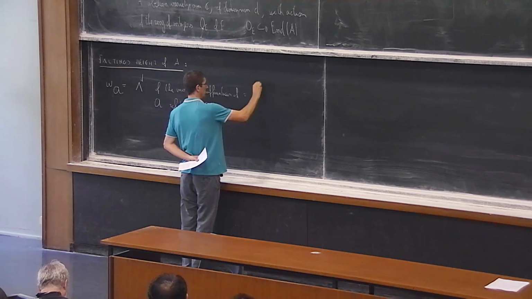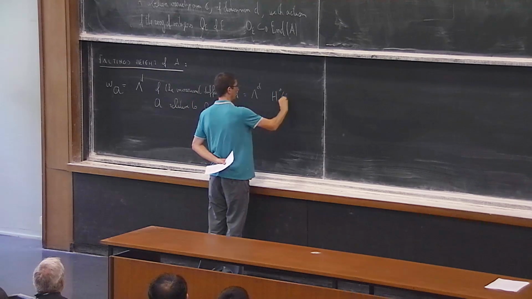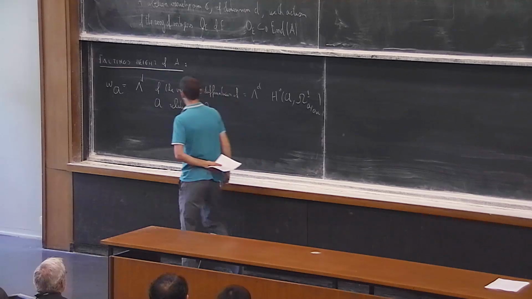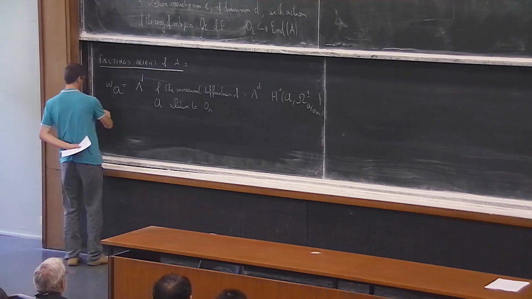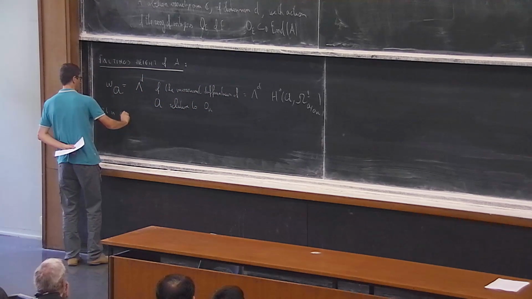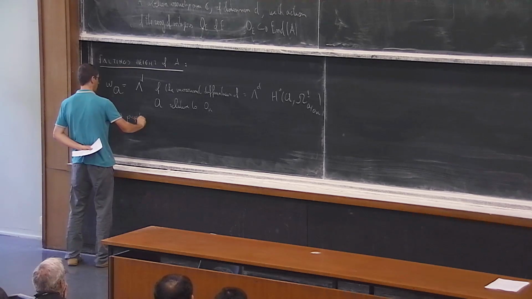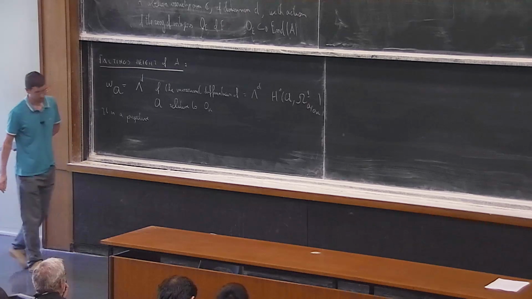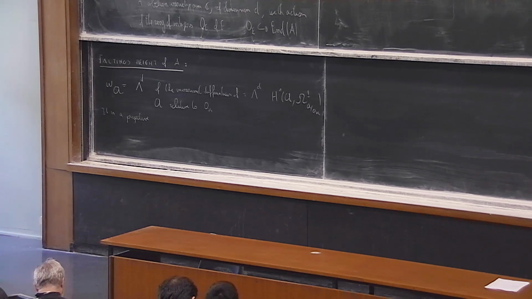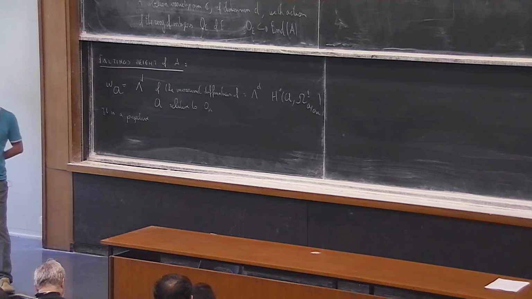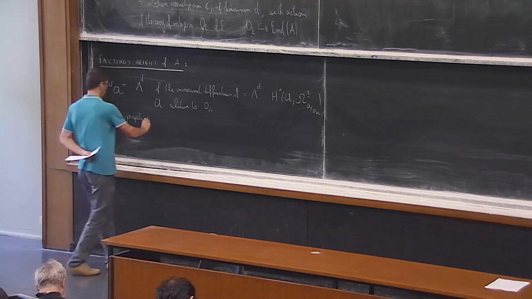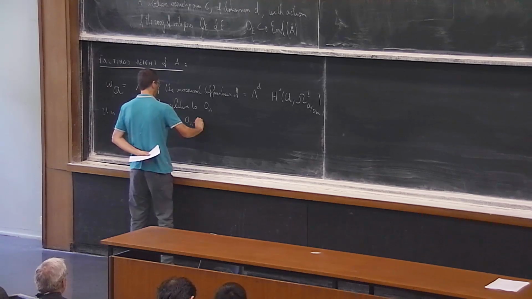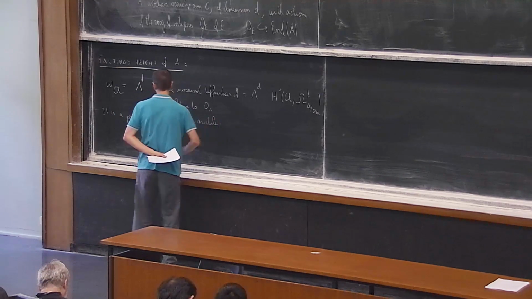So H^0 of calligraphic A, omega^1 over OK, is a projective rank d OK-module. So the top wedge power is a projective rank 1 OK-module.